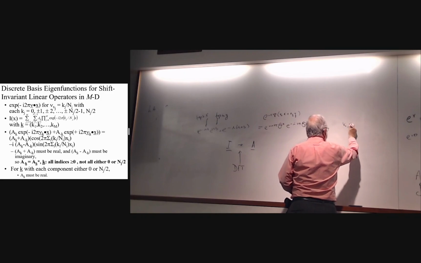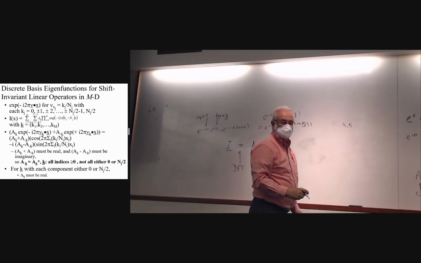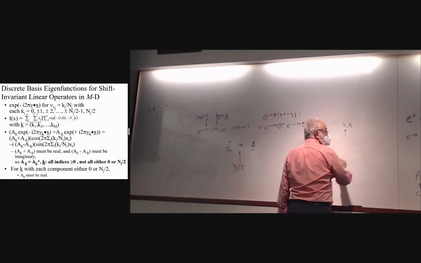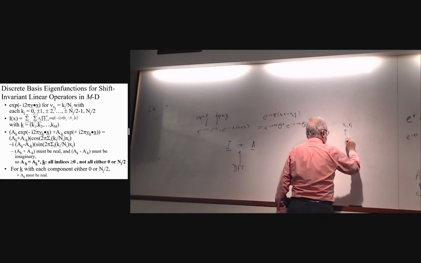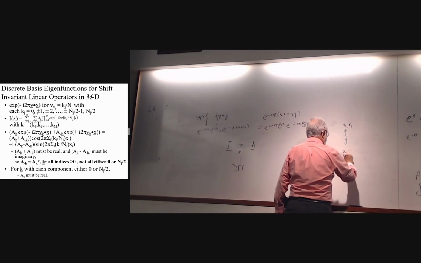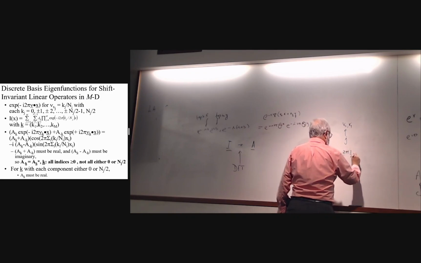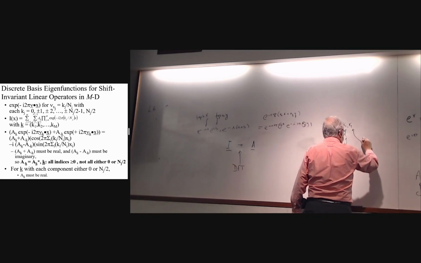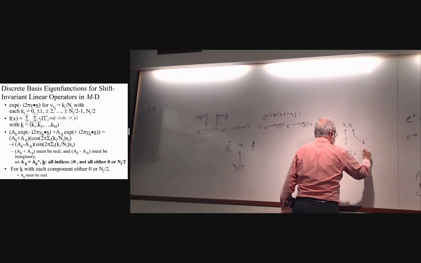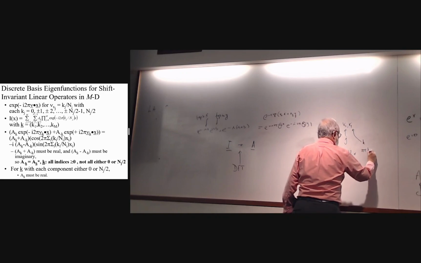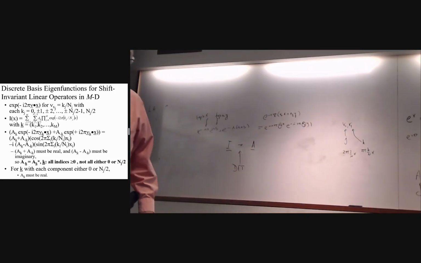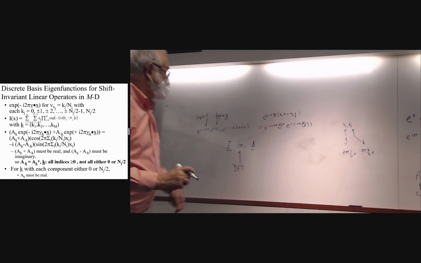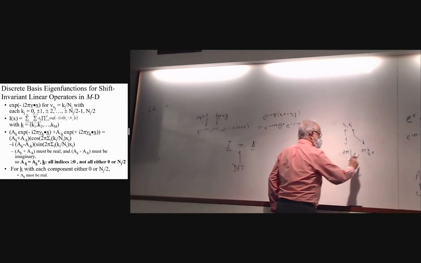So we have a nu sub x, nu sub y pair, indexed by j and k. In other words, the frequencies are 2 pi j over n and 2 pi k over n, where n is the width of the image. It's an n by n image, I'm assuming. If you get rectangular images, you can still do it. It's just that the width in x and the width in y will be different.